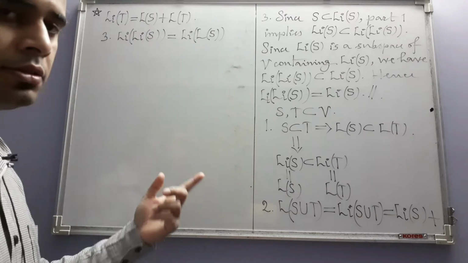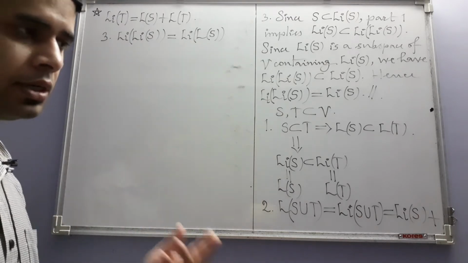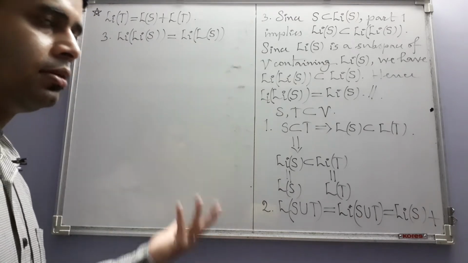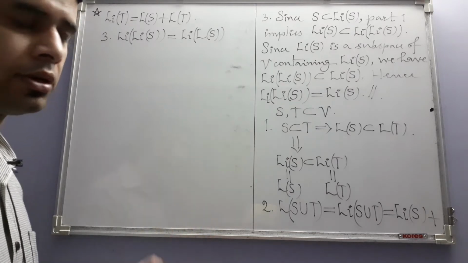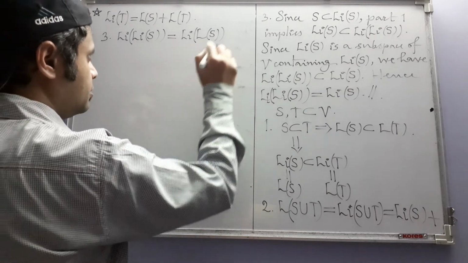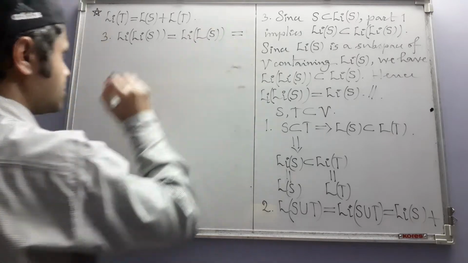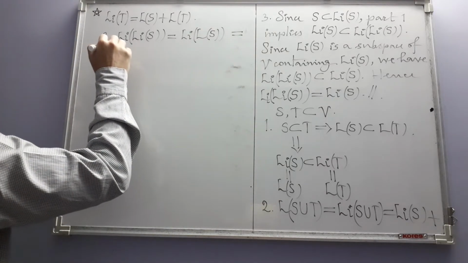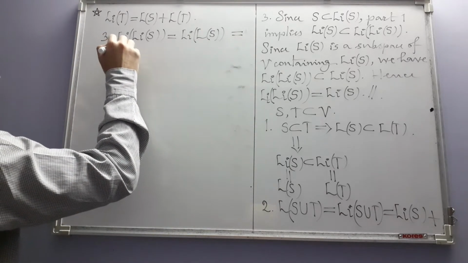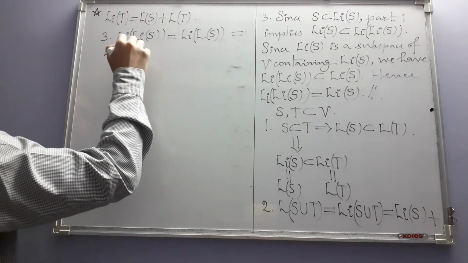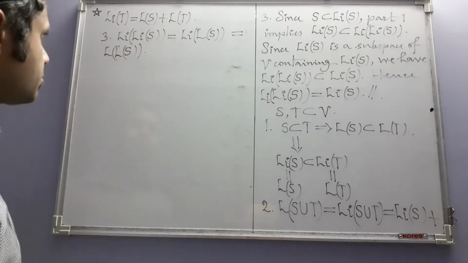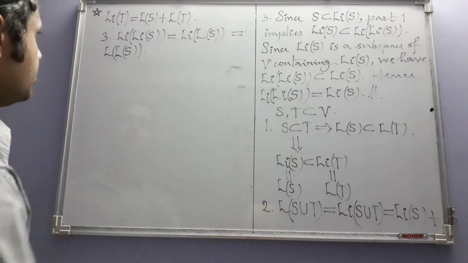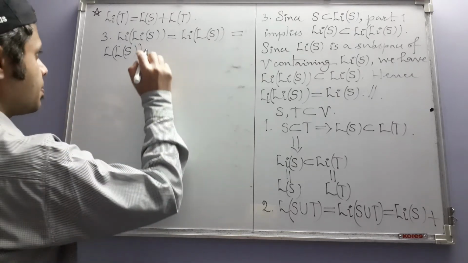So L of S is also non-empty. Non-emptiness of S implies every superset of S is non-empty. So again, that implies this outer Li is our ordinary L. Okay, so this is one thing.